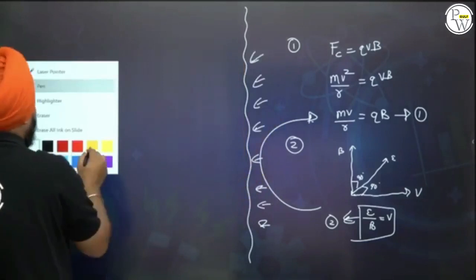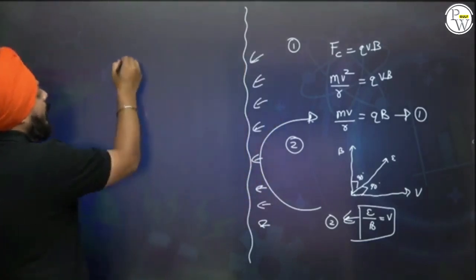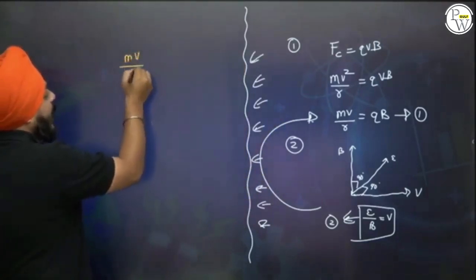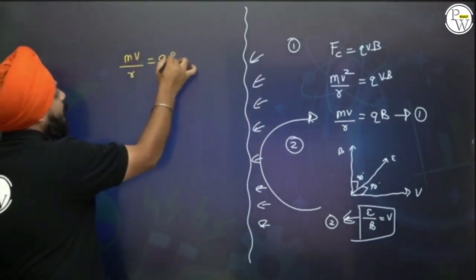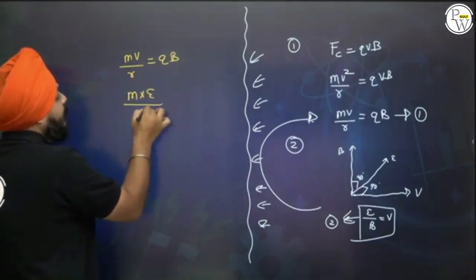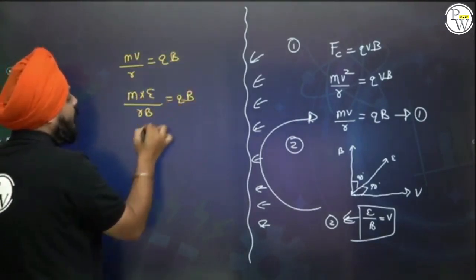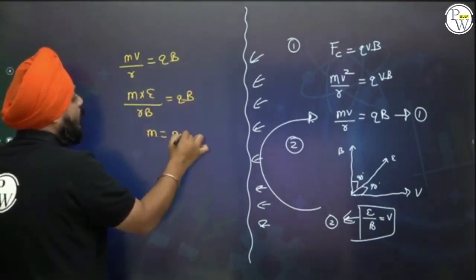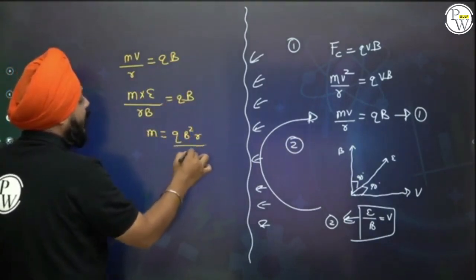We did that. So mv by r is equal to qB. So m into E by rB is equal to qB. So what is the mass? It is qB square r whole divided by the electric field.